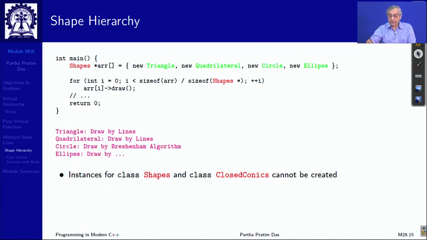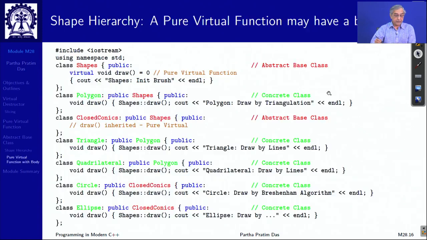So, this is just repeating the main function here, just to show you what the different outputs are that you will get. And again, I reiterate that shape and closed conics cannot be instantiated because they are abstract base classes. Now, the pure virtual function does not have a body, right?